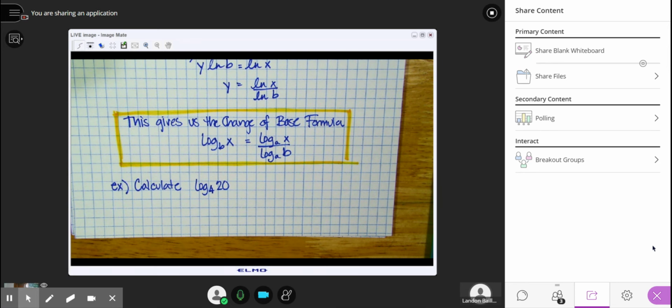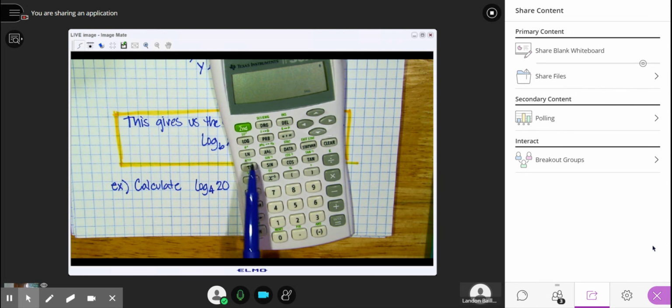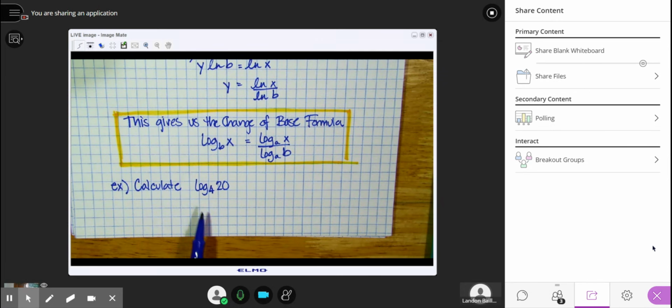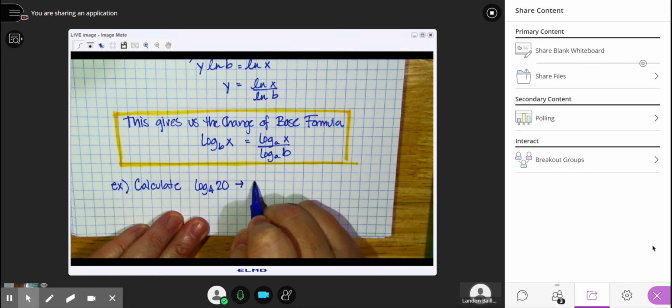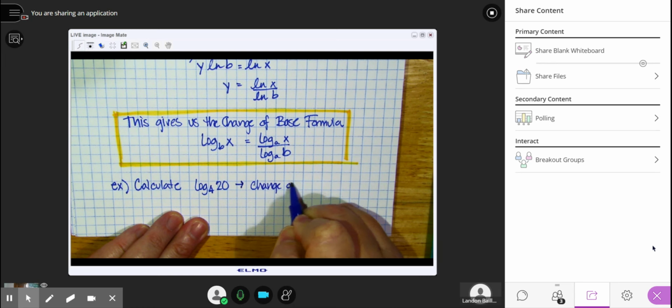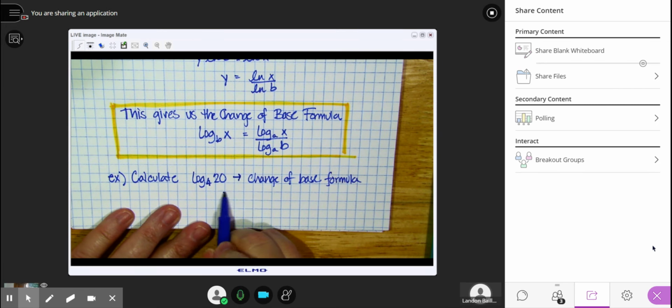So, log base 4 of 20. I can't find that. There's nothing on my calculator that allows me to do a log base 4. I have a log base 10 and I have a natural log. I don't have a log base 4. So I'm going to use the change of base formula to rewrite this.